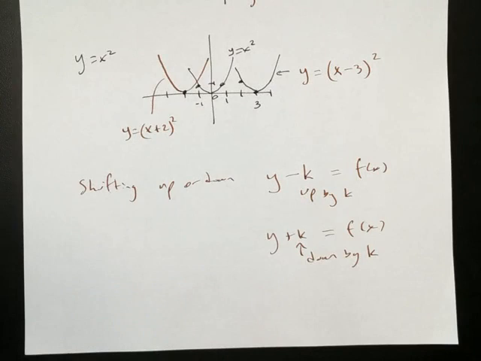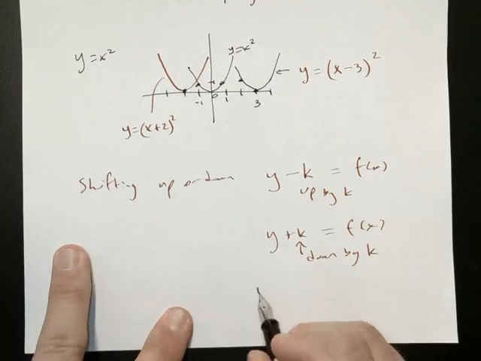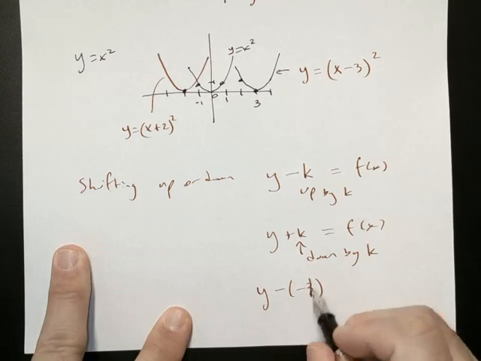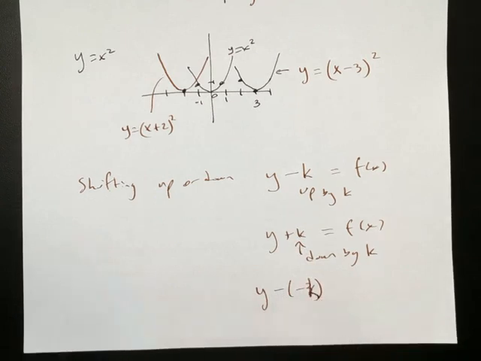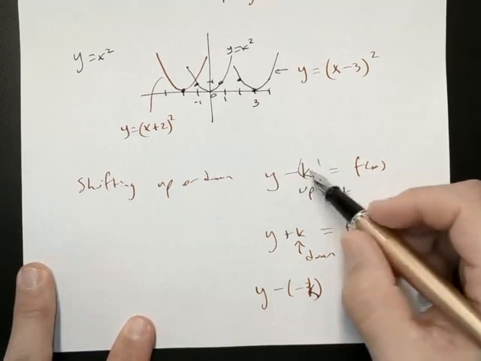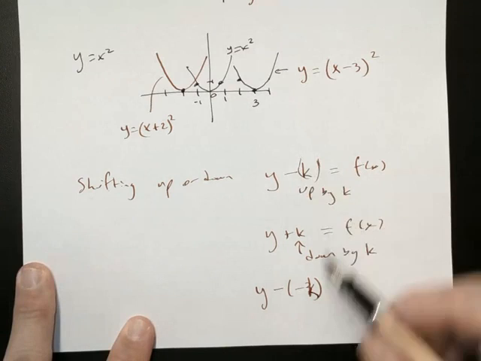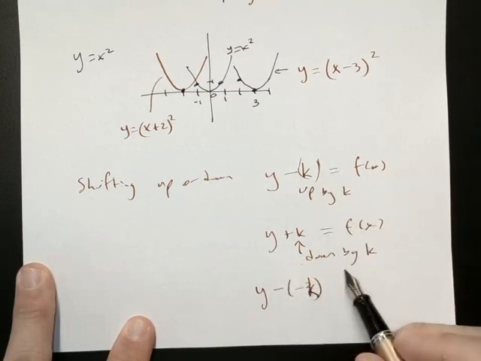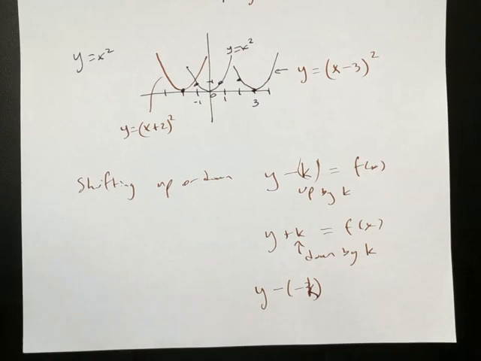Subtracting goes down, adding goes up. Well, let's write the adding as if it was subtracting a negative. Oh, okay. So if it's y minus thing and the thing is positive, we're going up. If it's y minus thing and the thing is negative, we're going down.